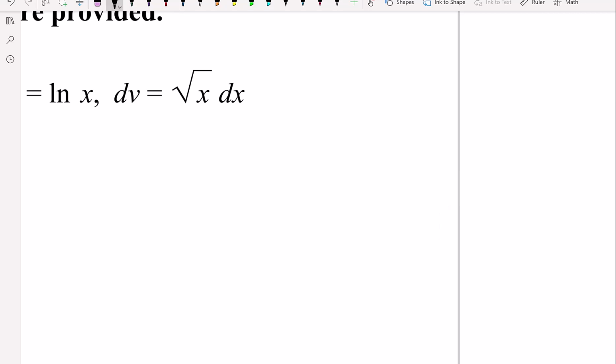So if the dv function is square root of x, or x to the 1/2, well, when we integrate that, remember, we integrate x to the 1/2 dx. So 1/2 plus 1, which is 2 over 2.